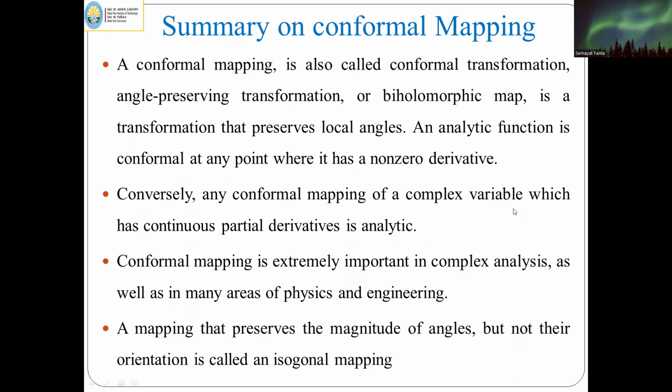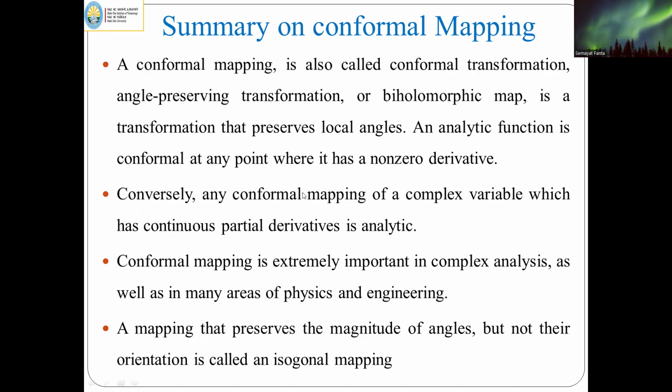Now we are just summarizing the conformal mapping, which is called conformal transformation or angle-preserving transformation, or sometimes biholomorphic map, which is a transformation that preserves local angle. An analytic function is conformal at any point where it has a non-zero derivative.